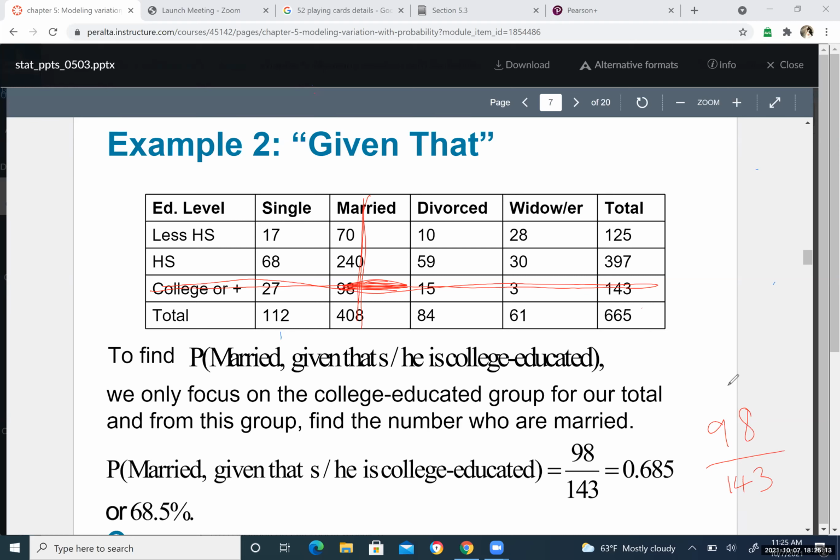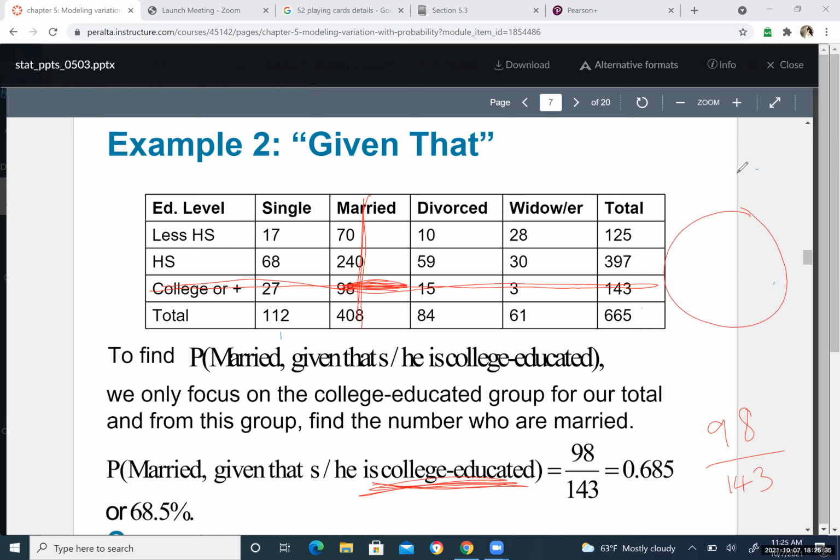Another way for those who like to memorize. Following "given that," you know that will be the big group. You will write that value at the bottom. And then the married you write on the top. Remember the intersection. The intersection between them, like this picture.